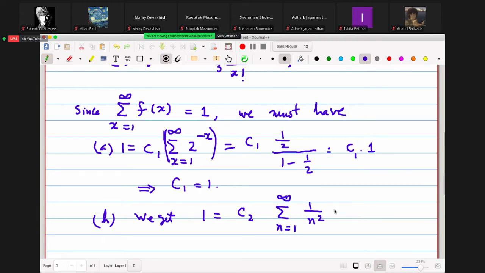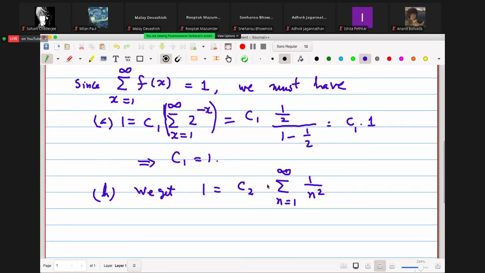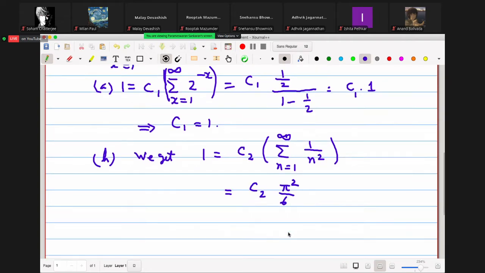Of course, you know this is convergent, but it turns out that this value is pi square by 6. So if you know that, you can write C2 times pi square by 6 is equal to 1. Therefore, C2 is equal to 6 by pi square.